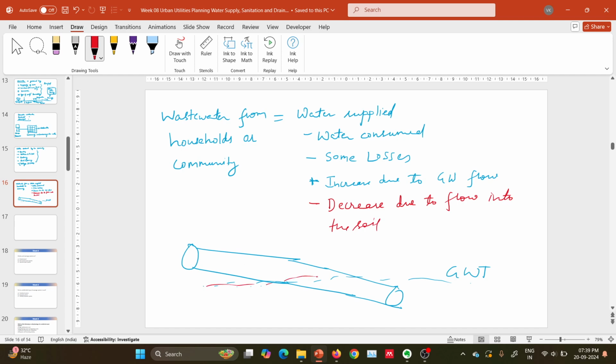So this part is above the groundwater table will enter inside, and sometimes this is above, so the wastewater will come out of this. This is the concept. Wastewater may come out, that is loss. So this is the wastewater. This is the discharge we can take.